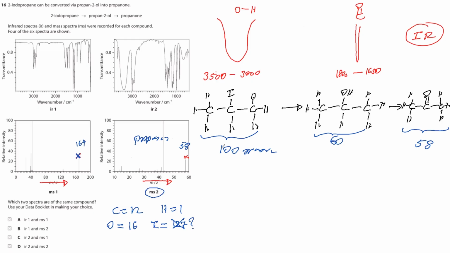Let's check with this 127 thing, because I know that it can't be this alcohol. Let's take whether it's 100. I'll check iodine as 127. So therefore we have 127 plus 3, 130. Yes, 130 plus 30, 166. 166 plus 4. Yeah, 164.